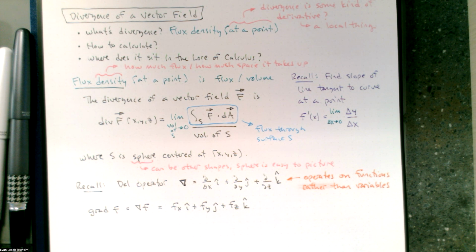So it's a gradient when we apply it to a scalar function. This is very similar to what we saw when we had functions of one variable, but with functions of one variable, we don't have partial derivatives.